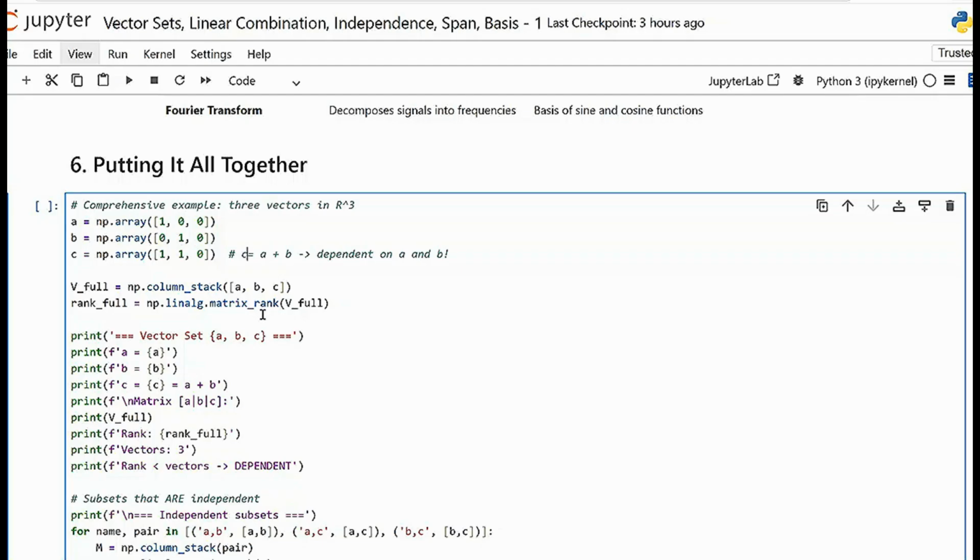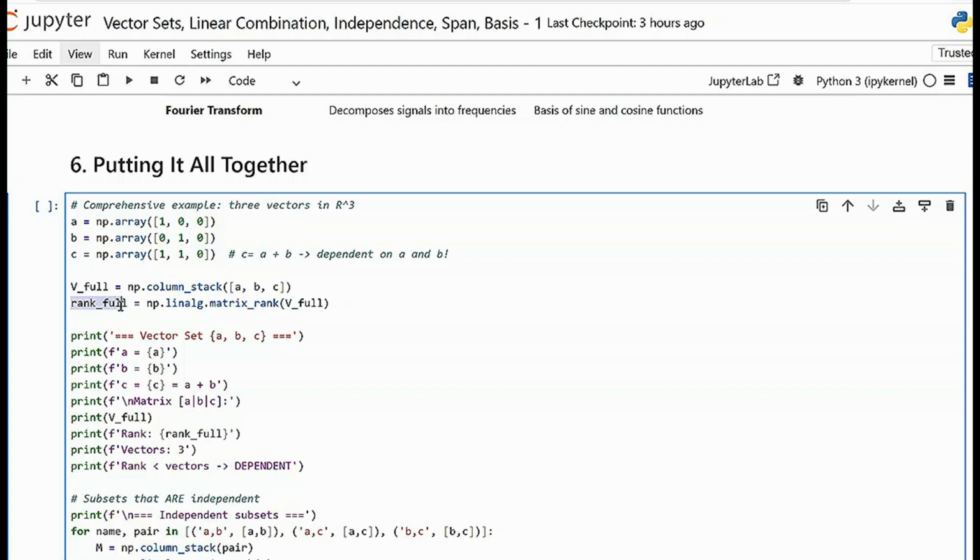So C is dependent on the A and B vectors. This immediately implies that the result of C is always dependent on the result of A and B. Let me do a column stack: I form a matrix with the columns A, B, C, and once done, compute the rank.